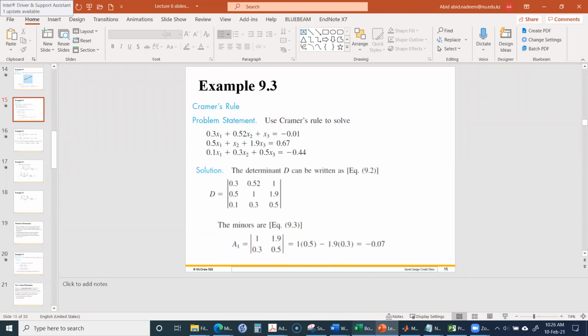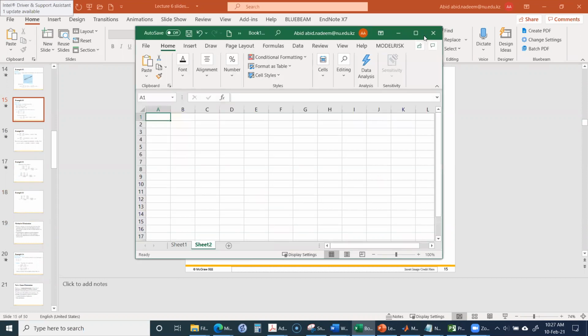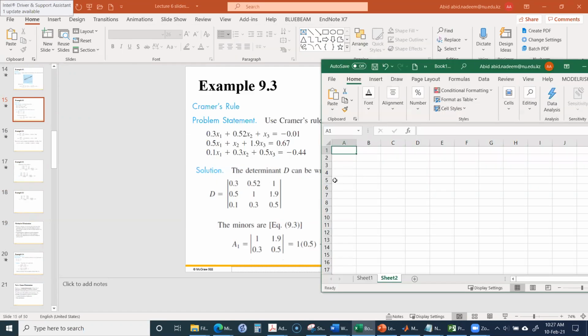So for example, I have this system, 0.3.